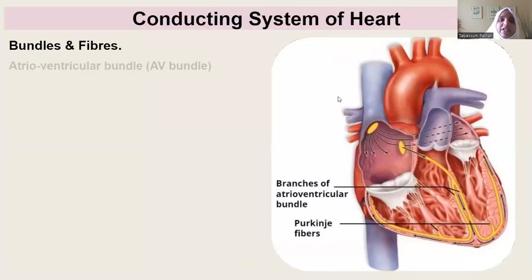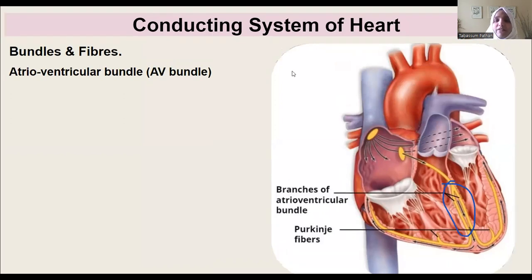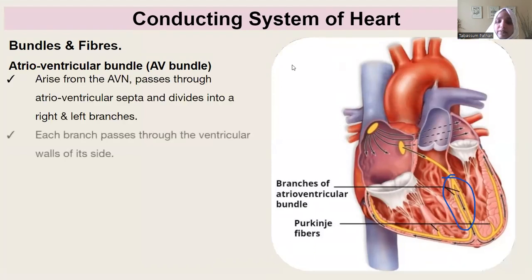Then the third member is the bundle and fibers. As you can see in this diagram, these are branches of the atrioventricular bundle. This is your AV bundle. They are made up of special muscles, like all the nodal tissue as well as these bundle fibers. They arise from the AV node and then branch out.